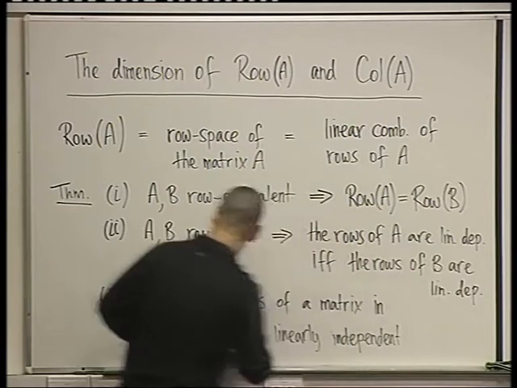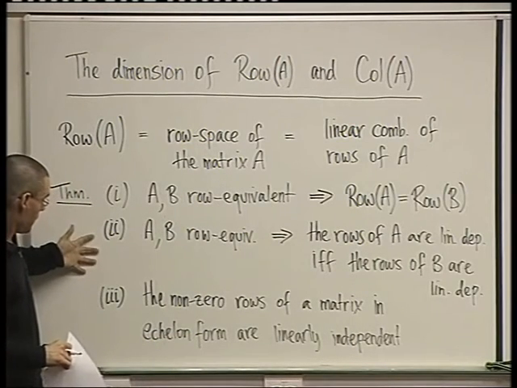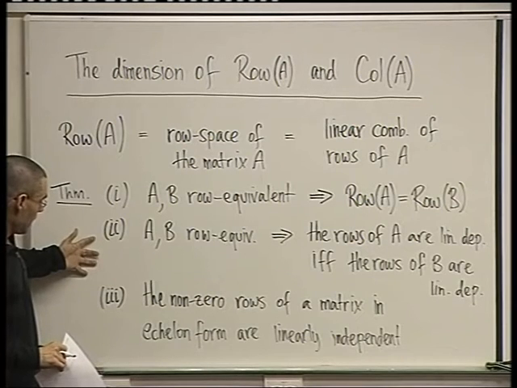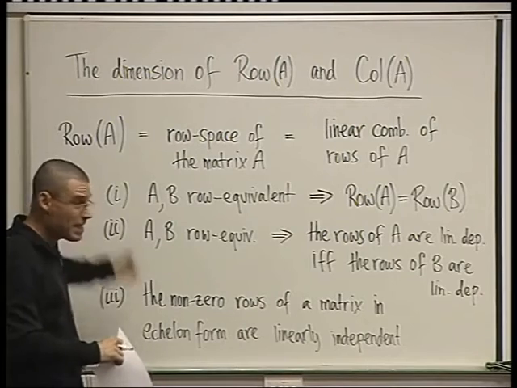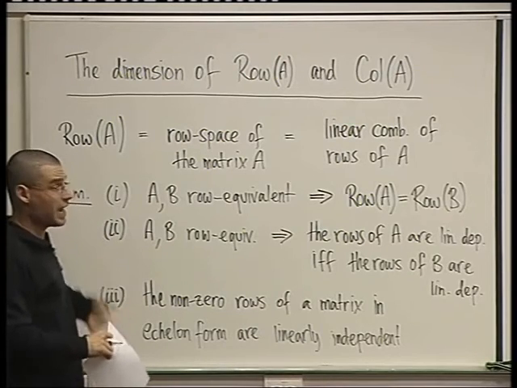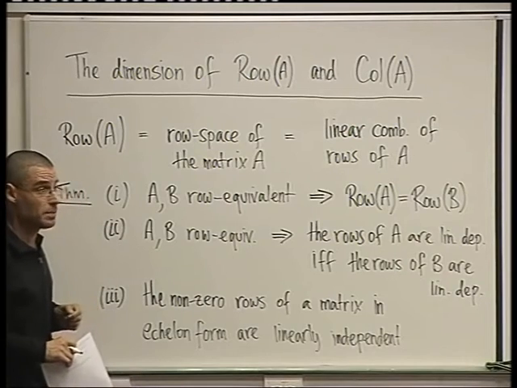So in fact, it was the combination of 2 and 3 that was the justification, the idea behind the method that we derived in order to decide if a set of vectors is linearly independent or not.